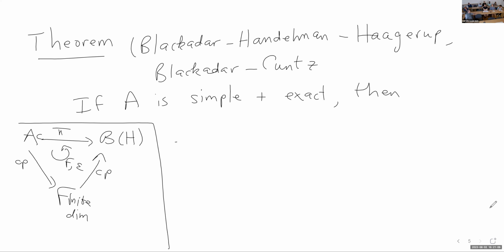Because kernels are not preserved in general. Cokernels always are. Opposite to the cotensor product. Flatness is left exactness. Yes, because right is automatic. Just like with cotensor products, the other way around. Injectivity is preserved for cotensor products, surjectivity is not. So coflatness means right exactness, flatness means left exactness.